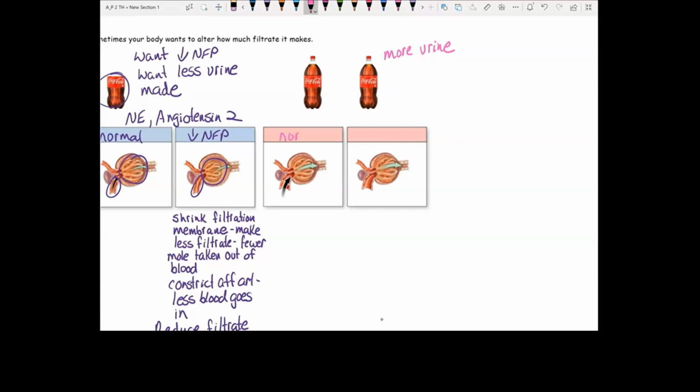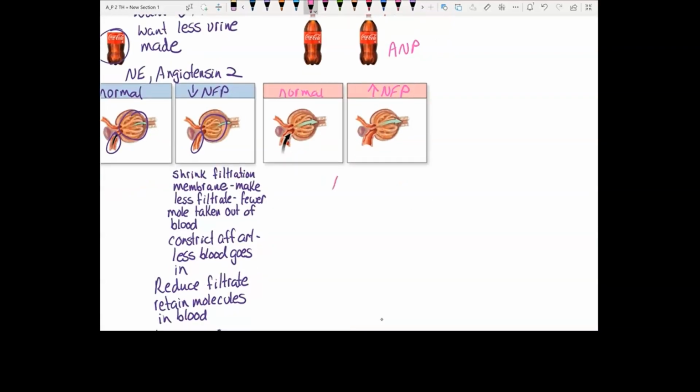Okay, here is our normal. Here is our one under the influence of ANP. Actually, ANP is going to increase your net filtration pressure. So when you have ANP, remember ANP is secreted by the heart when it is overstretched.